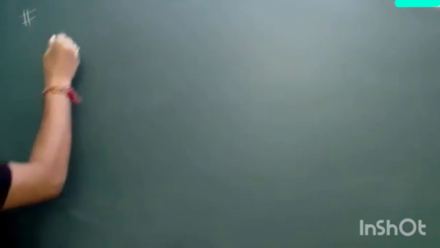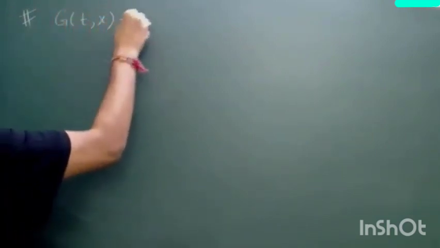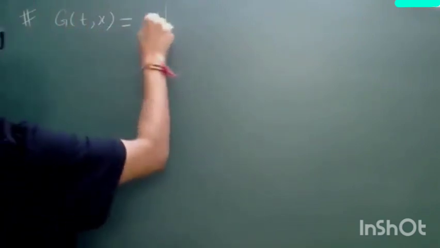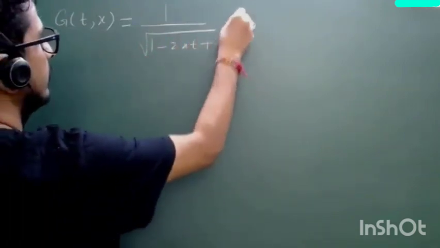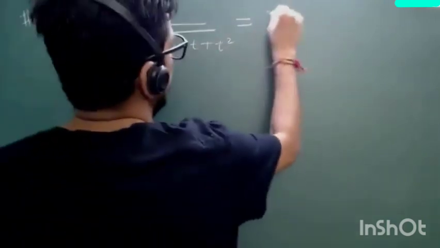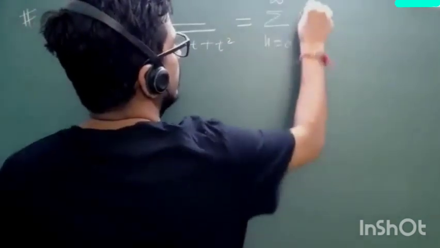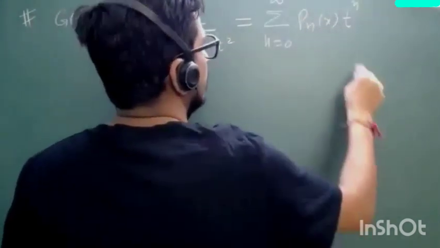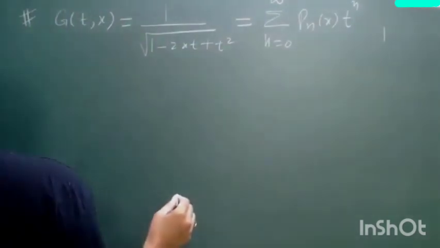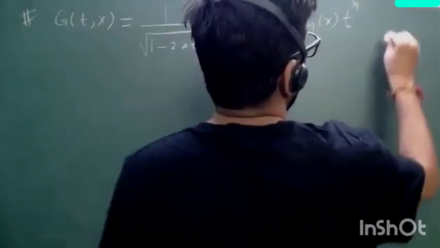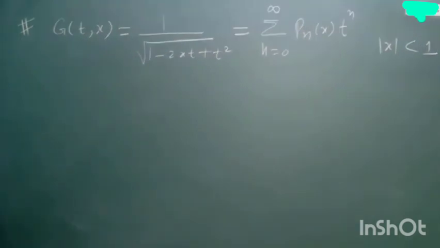Next question: the generating function of a polynomial is given by 1 upon under root 1 minus 2xt plus t square is equal to summation n equals 0 to infinity Pn(x) t to the power n, and the value of x is given, mod of x is less than 1.